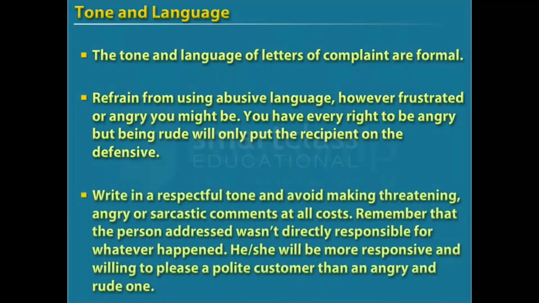Write in a respectful tone and avoid making threatening, angry, or sarcastic comments at all costs. Remember that the person addressed wasn't directly responsible for whatever happened. He or she will be more responsive and willing to please a polite customer than an angry and rude one.